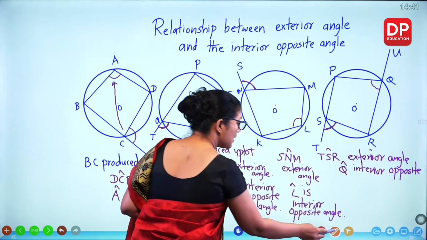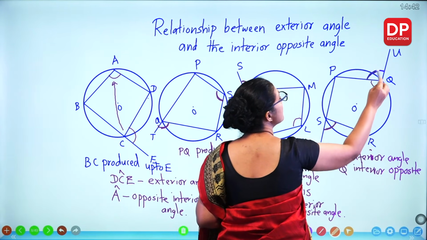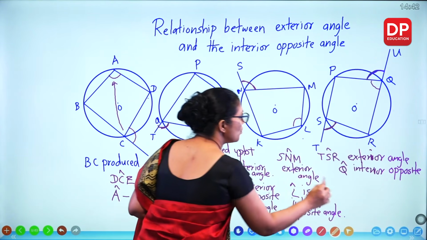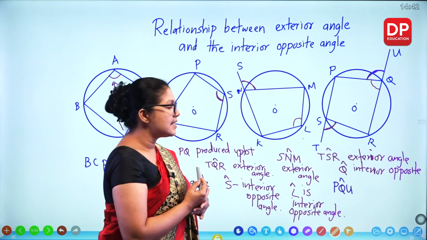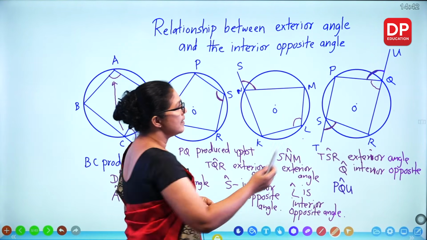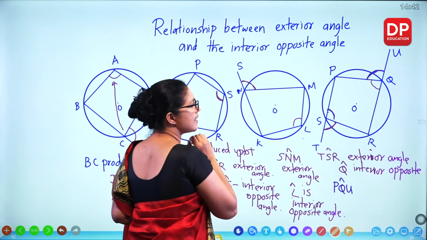If we take this one as the exterior angle, PQU, what's the interior opposite angle to that? The interior opposite angle to that is this angle.